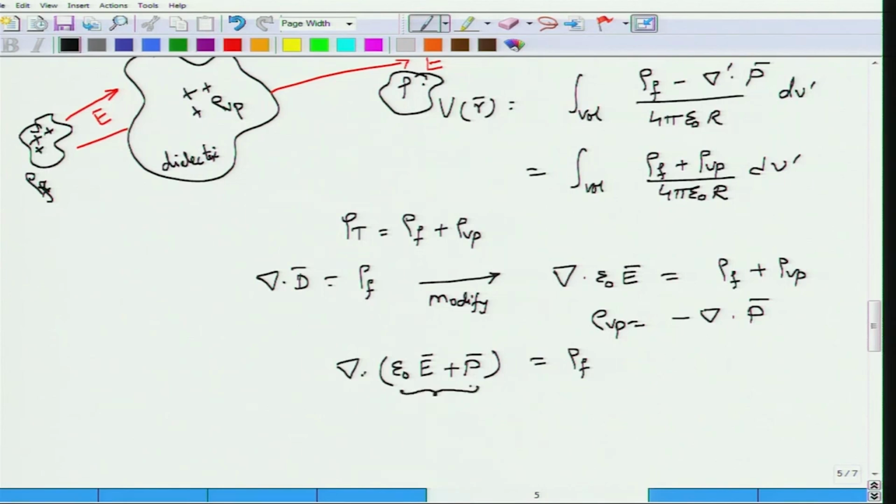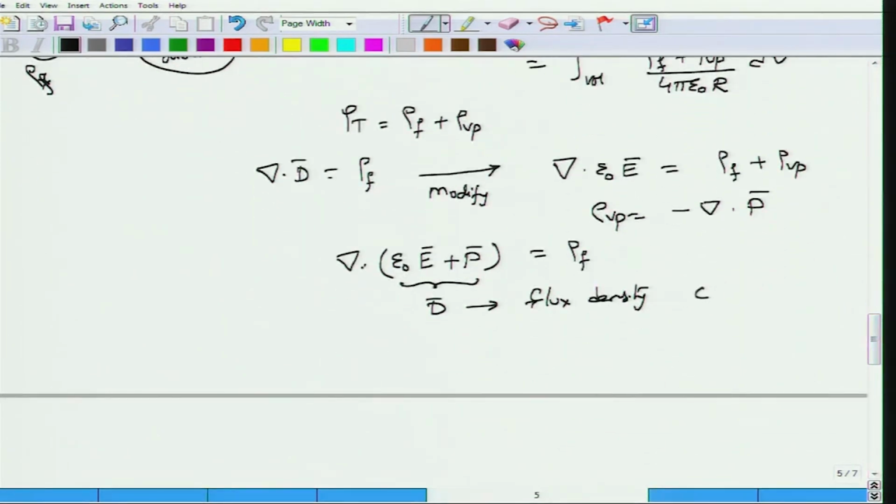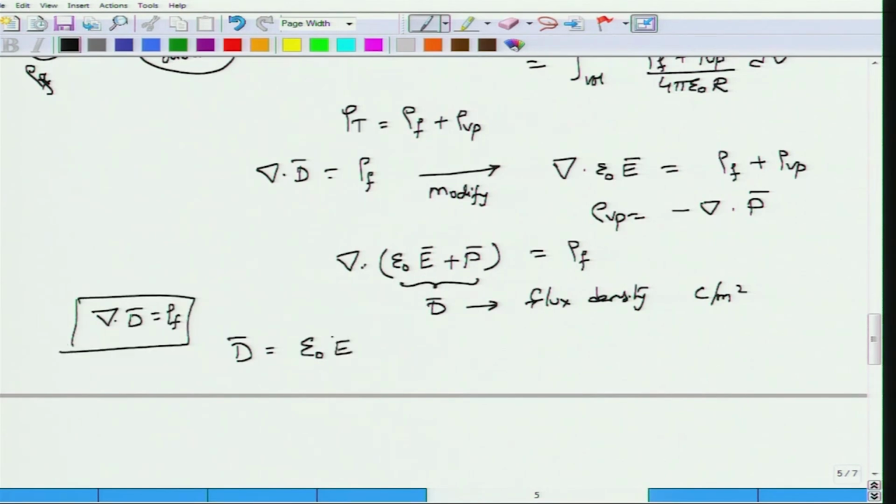So, this epsilon 0 E plus P is given a name D, which is called the flux density. In terms of this flux density vector D, which is measured in coulombs per meter square, I now have the full relation of D and rho, which is del dot D equals rho f, where D itself is equal to epsilon 0 E plus P.